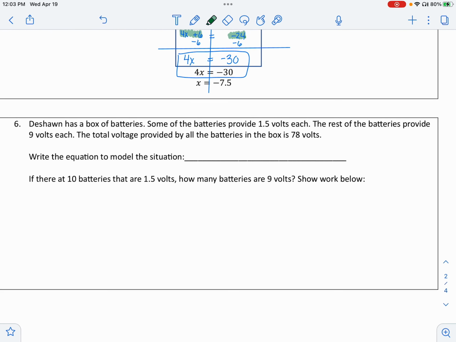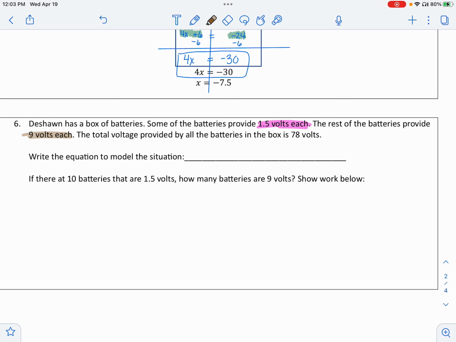Number 6. Deshawn has a box of batteries. Some of the batteries provide 1.5 volts each. The rest of the batteries provide 9 volts each. So it sounds like we have 2 types of batteries, folks, which means I'm going to do this one in pink and maybe this one in brown.